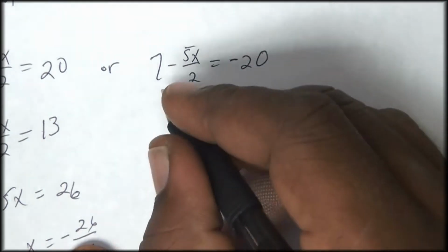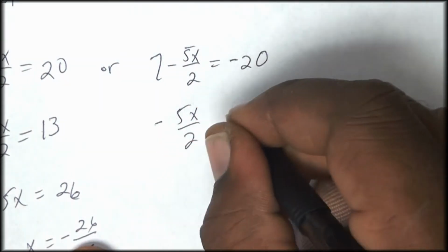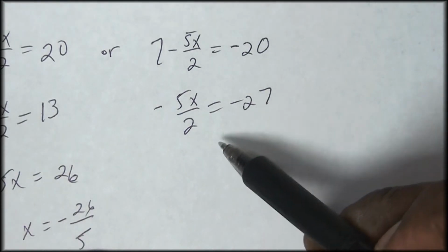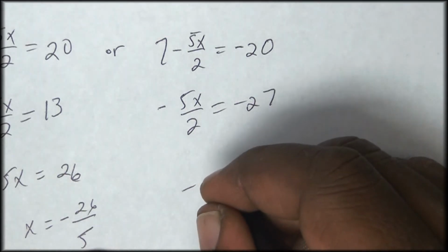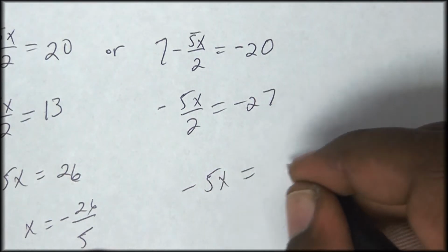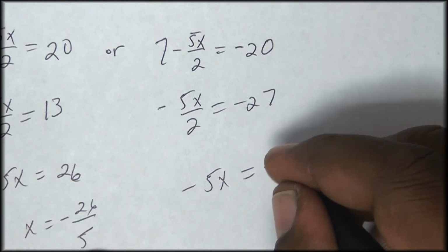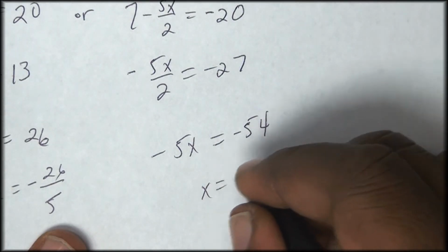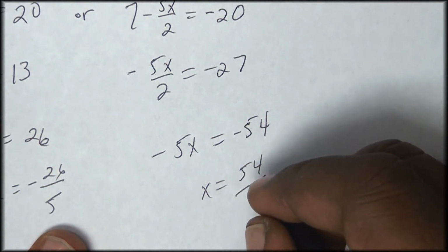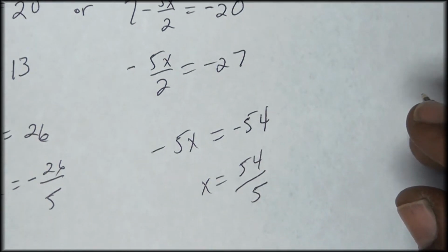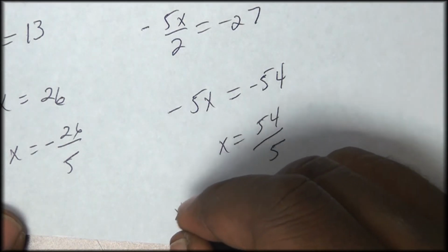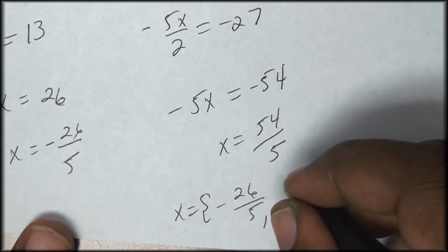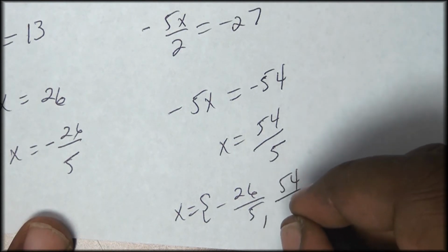We'll subtract 7. We'll multiply both sides by 2. We'll divide by negative 5. And we have x is equal to negative 26 over 5 or 54 over 5.